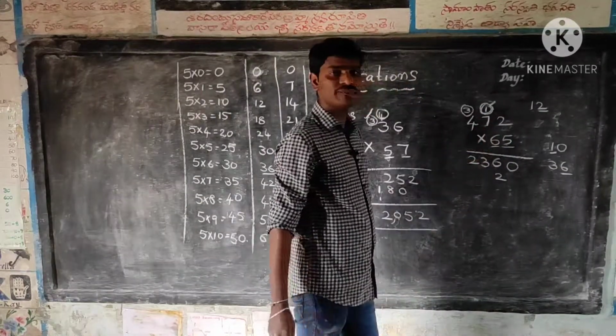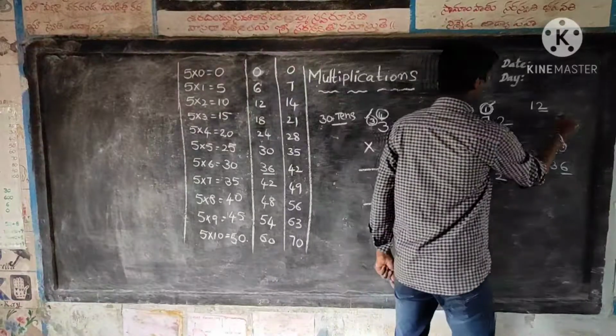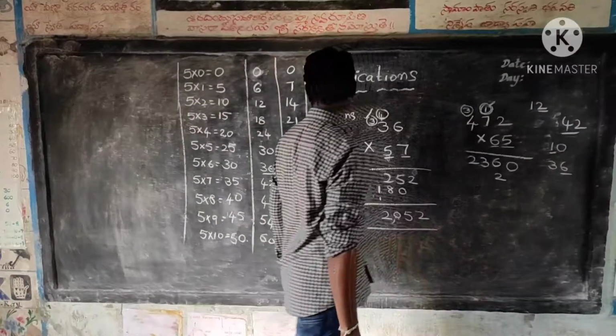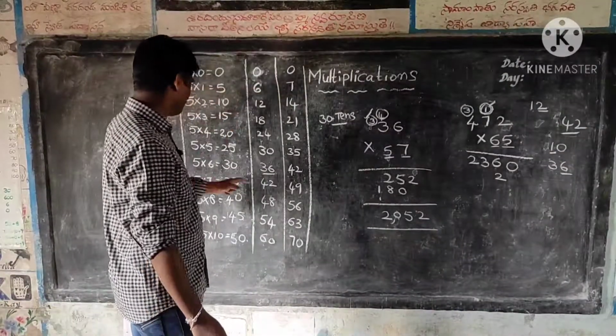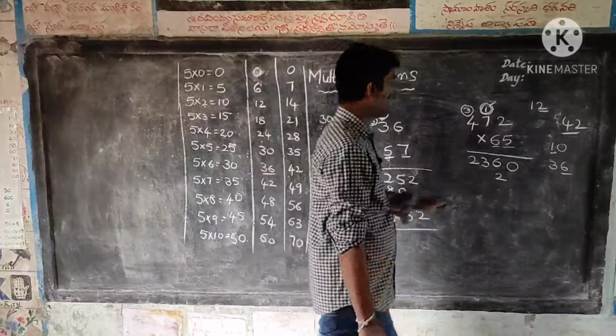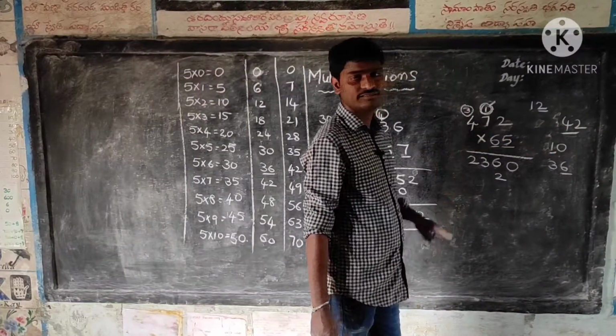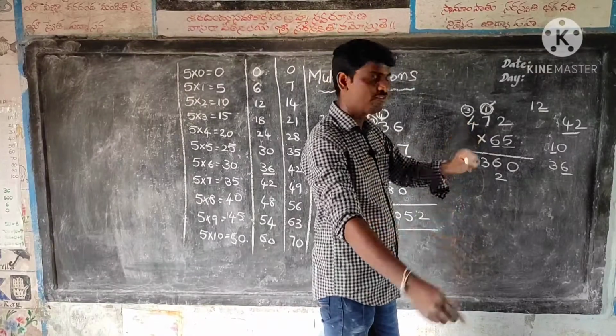6 7s are 42. Just observe here. 6 7s are 42 and 42 plus carry 1, 43.